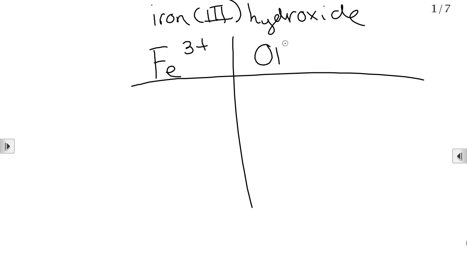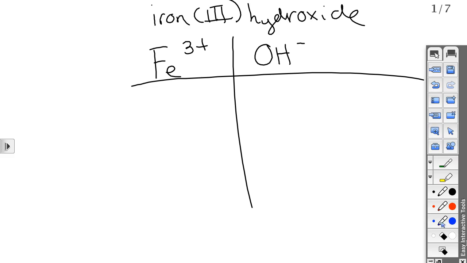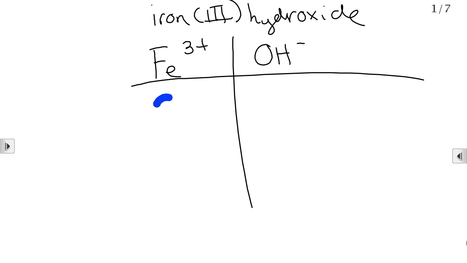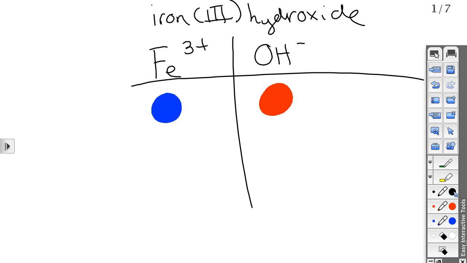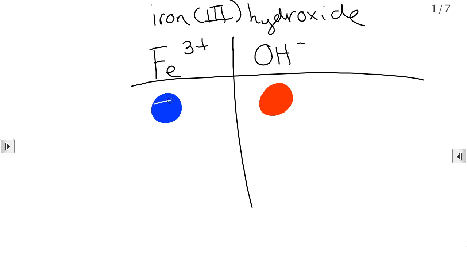OH minus. 1 minus. Don't flip those letters around. All right, so let's draw these in. Let's start with 1 ion of each and see where we are. So there's 1 iron and there's 1 hydroxide. In that 1 iron, my charge is 3 plus. And in this 1 hydroxide, the charge is 1 minus.